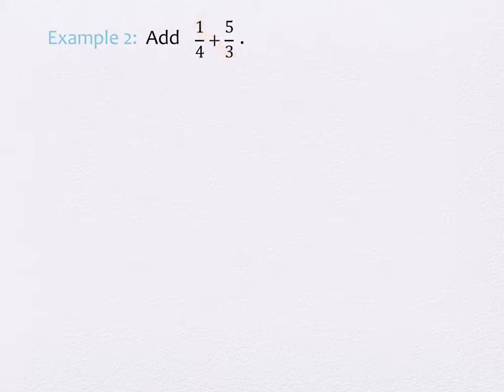So the first one, that's kind of a light color, let's do it a little darker. This first diagonal right here, I would have 1 times 3. So I'm going to actually write it out just so that you remember where each of the pieces are coming from. You don't have to. But the first diagonal would be 1 times 3, plus the second diagonal, which is 5 times 4. And then it divides by the denominators that are being multiplied.